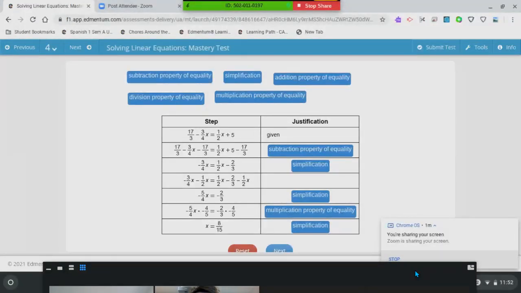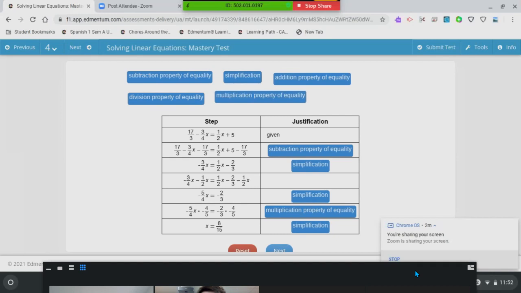Let's see. I noticed that they both do have 3/4 and 1/2 and 2/3. Good. Very good. So what's the only other item that's there that isn't in line 3? The 1/2. Good.